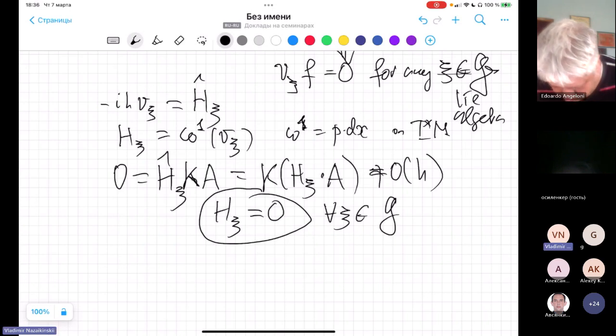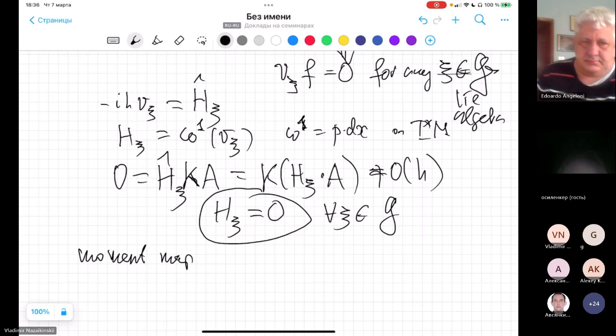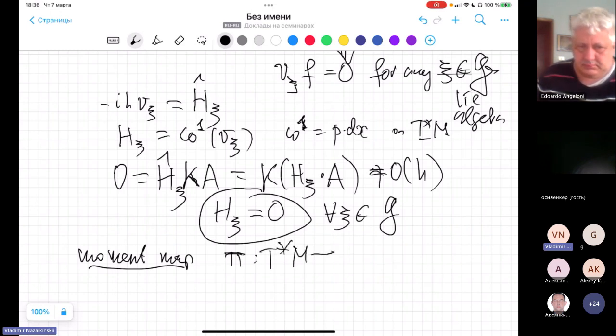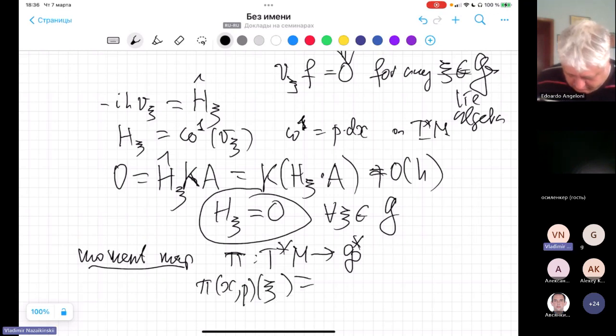So let me recall that we have the moment map that we denoted by pi from T star M to the dual space of the Lie algebra, which acts by exactly this formula: I of x p of psi is equal to this h psi of x p.